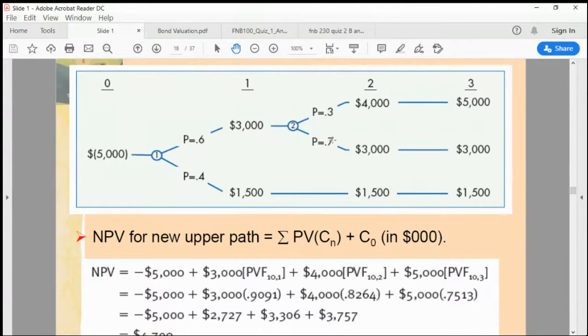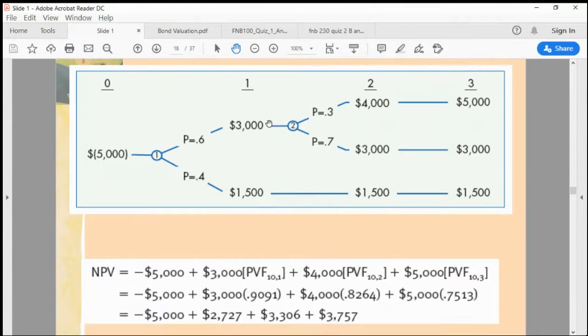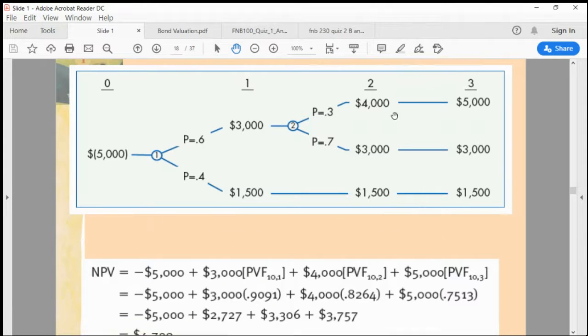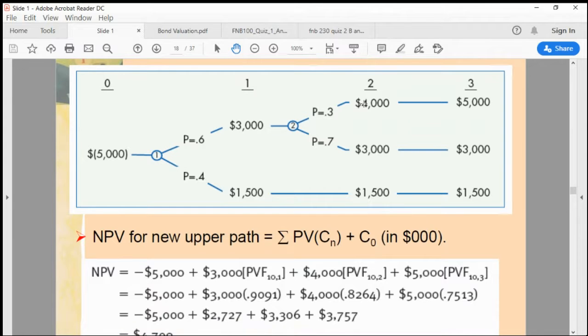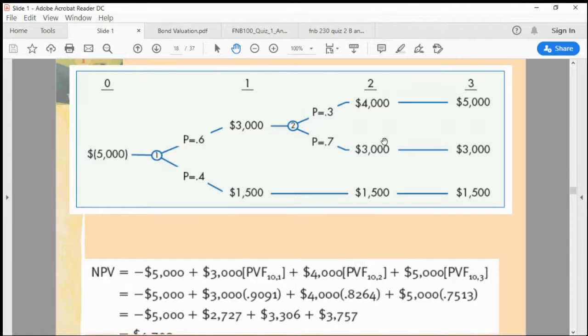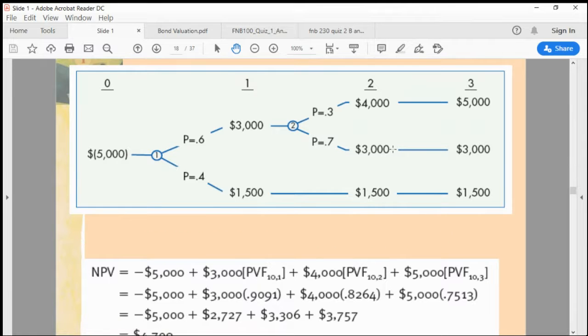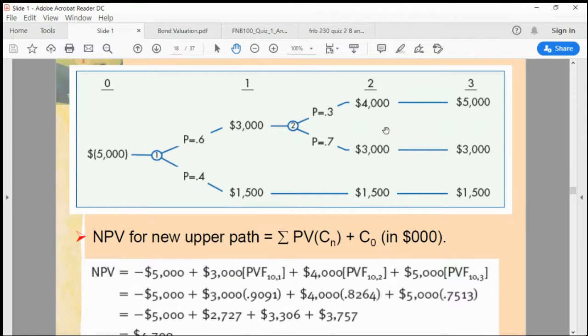Otherwise, there is a 70% probability that the demand will still just be good. And under each scenario, the cash flow in year 2 and year 3 will be different, in excellent and in good scenarios.